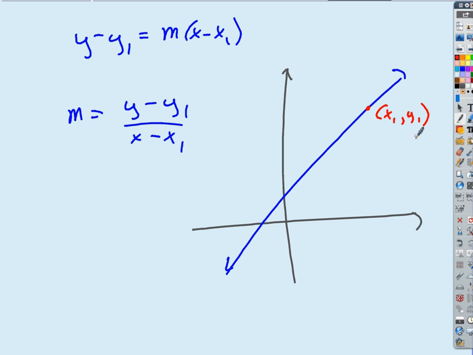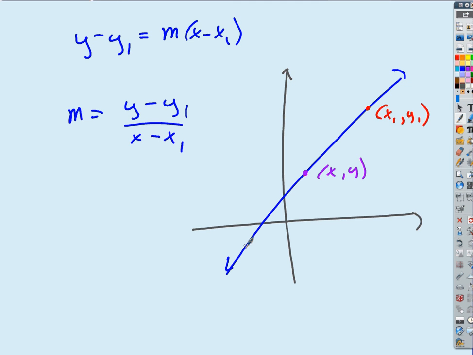This is a specific point that's pinned down. Those are coordinates we know. But any other point on the line is going to be represented by just a value of x and a value of y that can vary. I could drag this bead along the line and create different values for x and y. So they're variable, but they're tied together by the equation that determines the line.